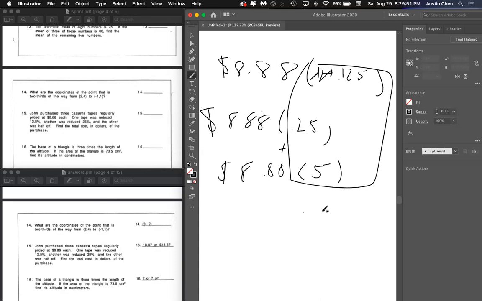That will save you some time. So if you add those up, you'll get 0.875, right? And then that times 888 will be the total amount you're taking away from the regular amount.